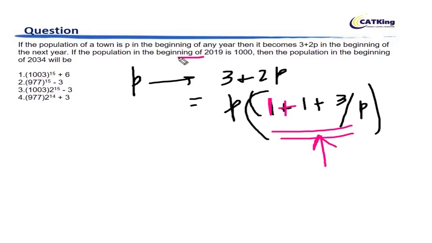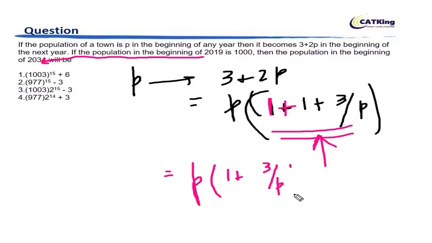And we are talking about moving from 2019 to 2034. So basically, this will become P into 1 plus 3 by P raised to the power, because 1 plus 1 is 2, raised to the power 15. Now in our question, the value of P is 1000. So this becomes 1000 into 2 plus 3 by P raised to the power 15.